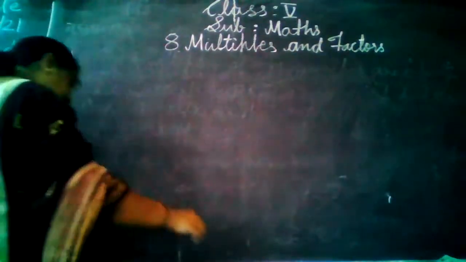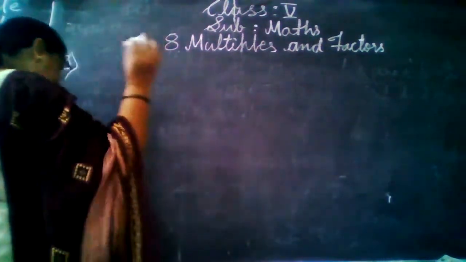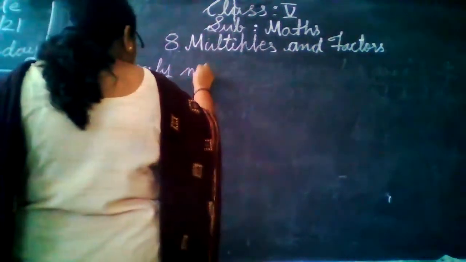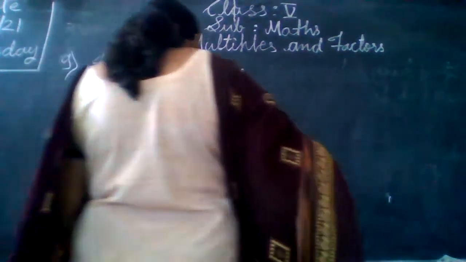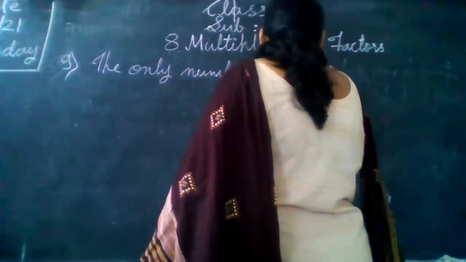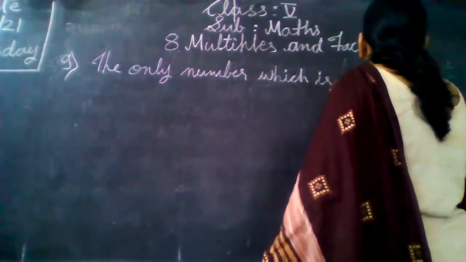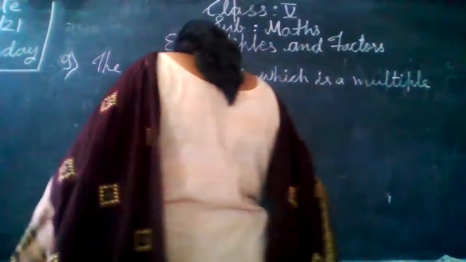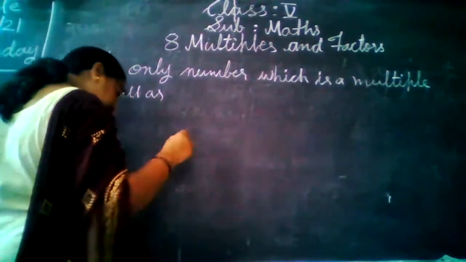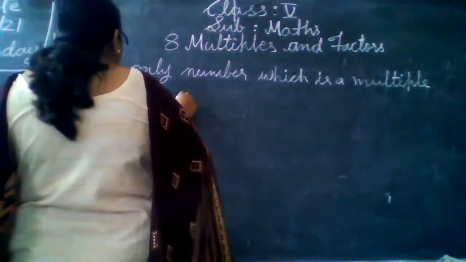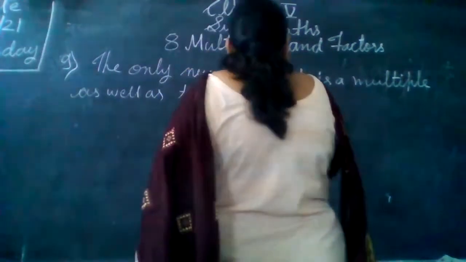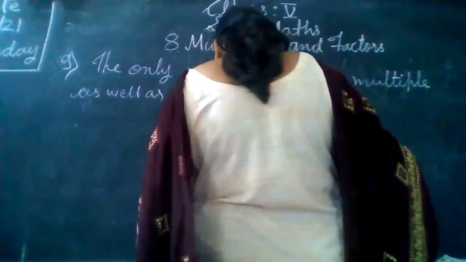Ninth point, beta. The only number which is a multiple as well as a factor is the number itself.